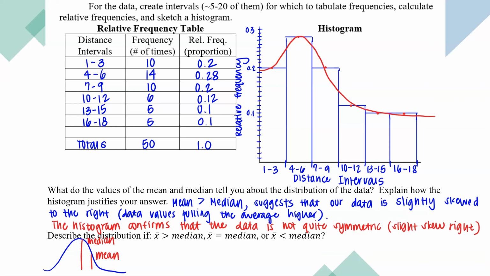If the mean were equal to the median, then we had what appeared to be a symmetric distribution. The mean and the median were both equal to one another. And lastly, if the mean was less than the median, then we had a left skew distribution. Here, this would be the mean and the median.